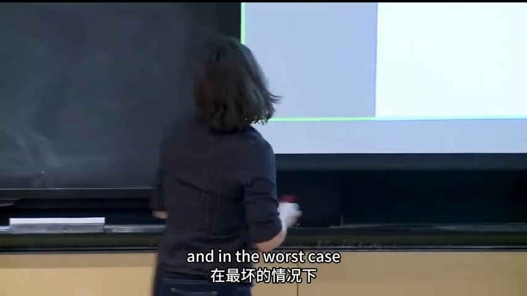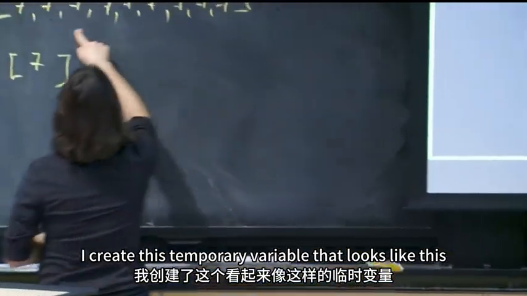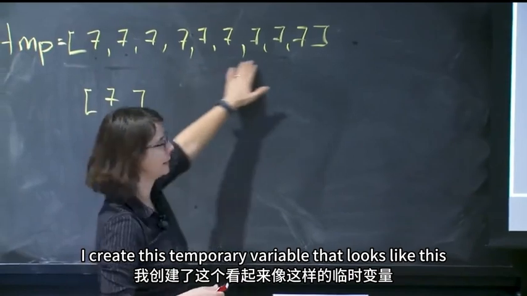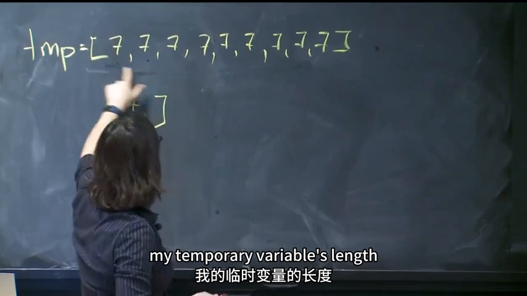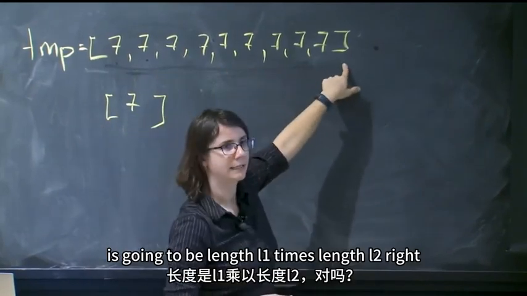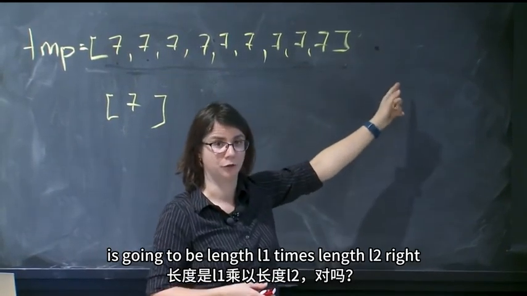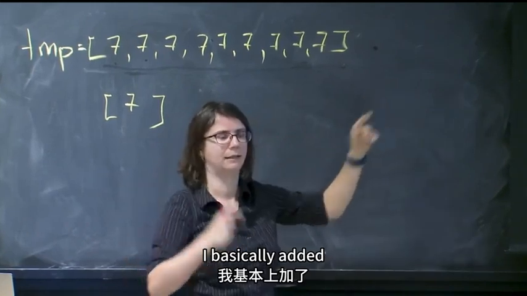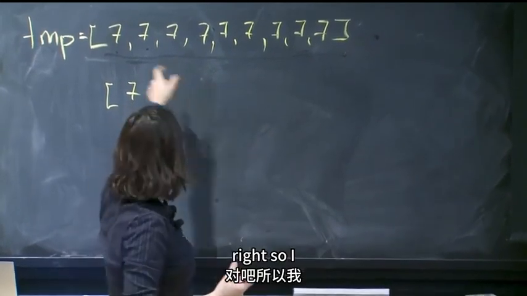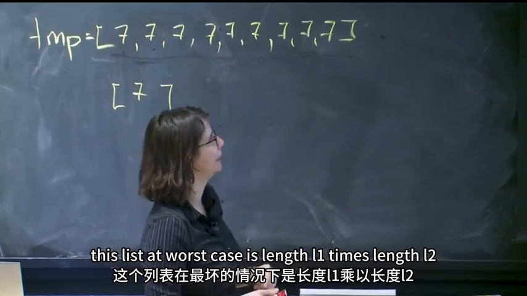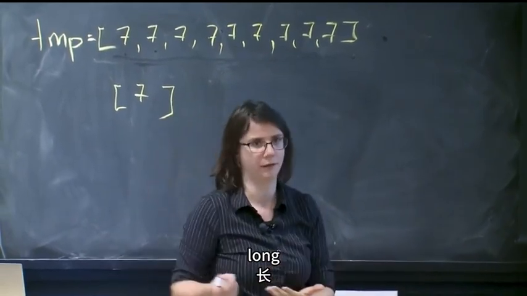In the worst case, I create this temporary variable that looks like this. In the worst possible case, my temporary variable's length is going to be length L1 times length L2, because I basically added that character every time I compared a value. So this list at worst case is length L1 times length L2 long.